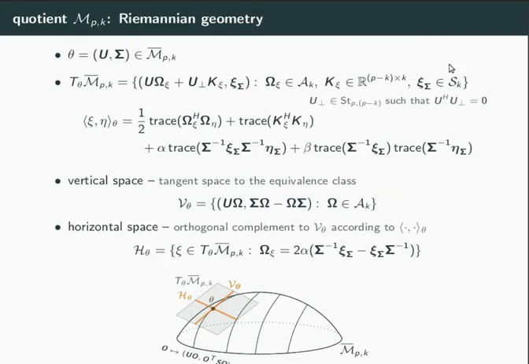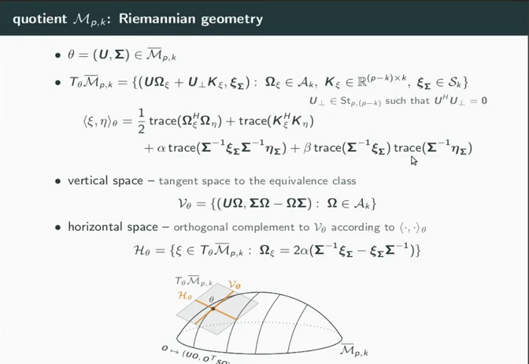So the tangent space here is given by this, and we choose this metric here on the manifold. I won't go too much into detail, but the one above is the metric related to the component U, and the one on the bottom is related to the component sigma, where we chose alpha and beta to have something that is similar to the Fisher metric of elliptical distributions here.